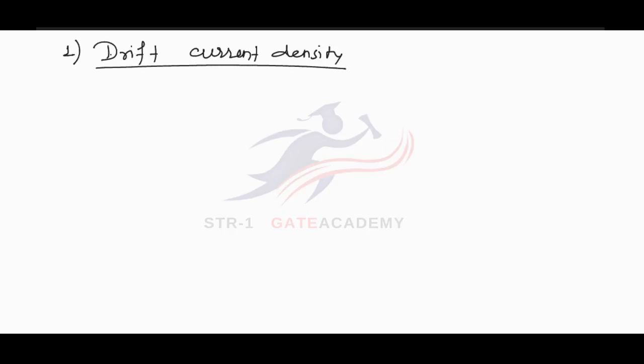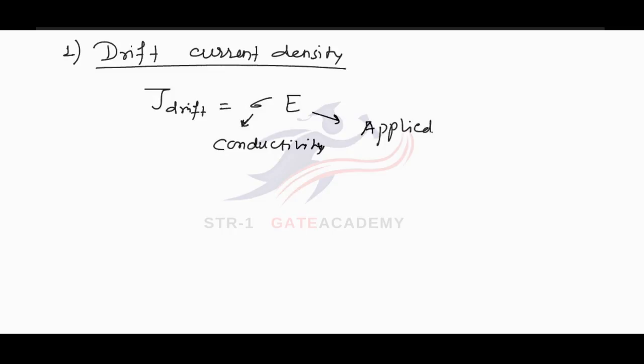Drift current density is due to the motion of charge carriers due to drift mechanism, and it is defined as J drift equal to sigma into E, where sigma is called conductivity, and we know the equation of this conductivity for different materials, and E is the applied electric field.